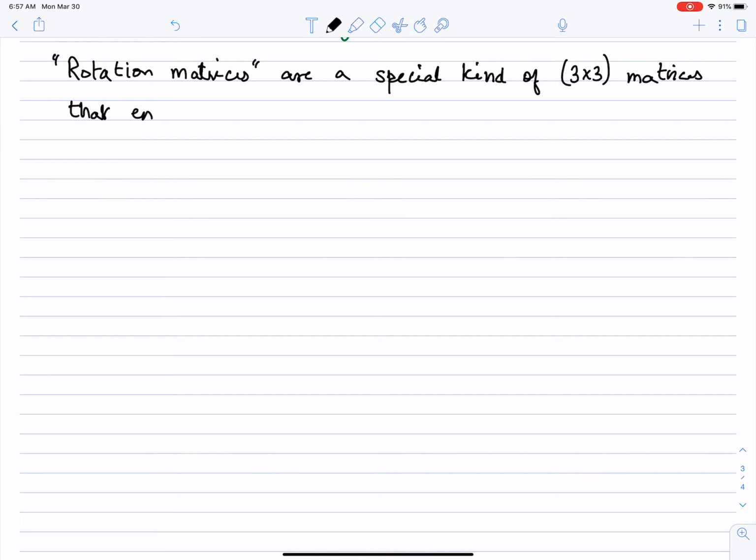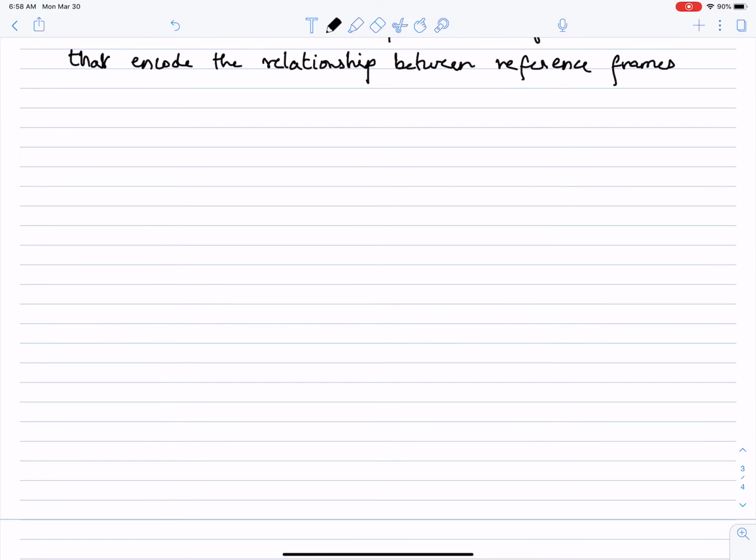encode the relationship between reference frames that are related to each other by rotations.